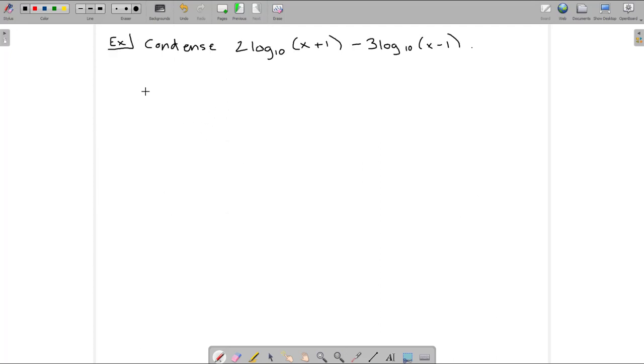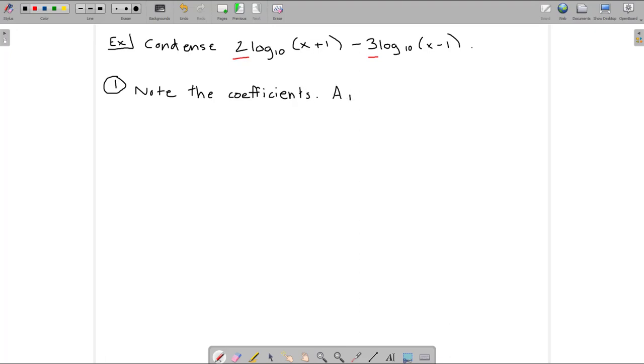So now let's do an example that does the reverse. We want to condense a logarithmic expression: log base 10 of x plus 1 minus 3 log base 10 of x minus 1. First, we want to note these coefficients here, and remember that those are actually powers.